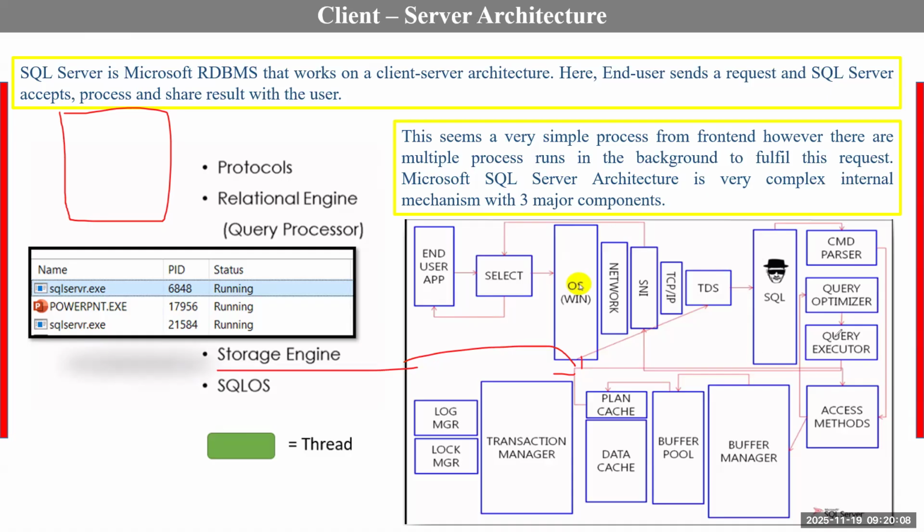Now, your executor will request the access method with the help of ODBC drivers in the background. The access method also does not have data. It contains multiple APIs, application programming interfaces, through which it can understand whether it is a select or a non-select. Select is nothing but reading the data.